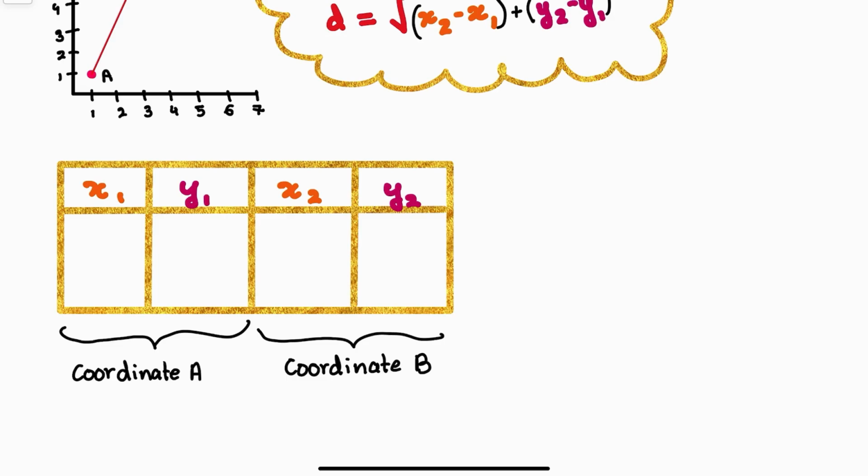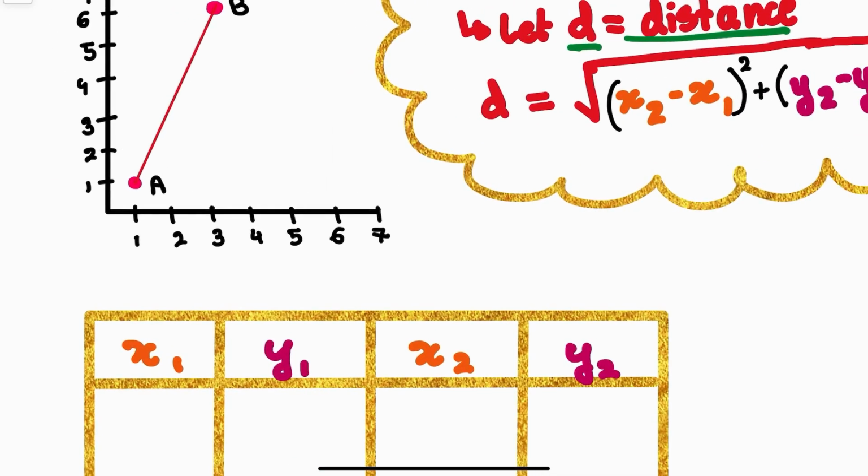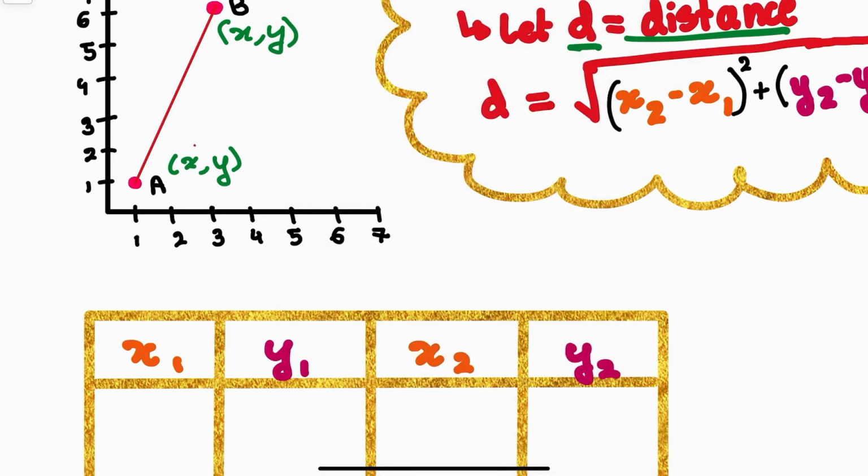Now, the thing about this is that all of our coordinates, like A and B, are written in the form of x, comma, y. Alright, this one too, x, comma, y. So let's actually look at what coordinate this is. This is 1, 1. So let's just write A over here. Now I'll just make this a bit small.